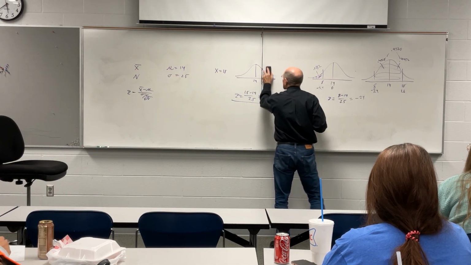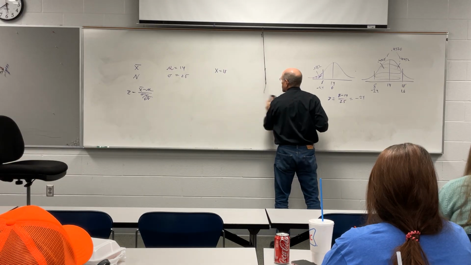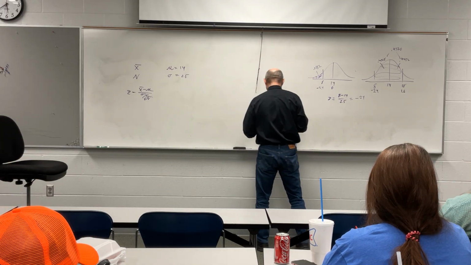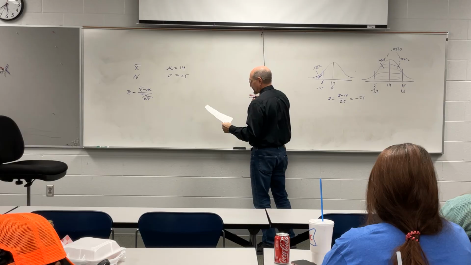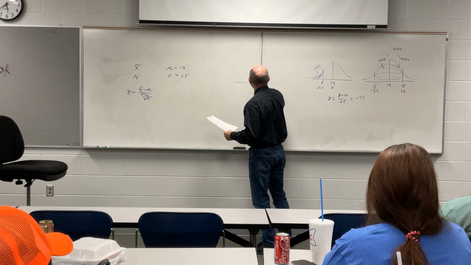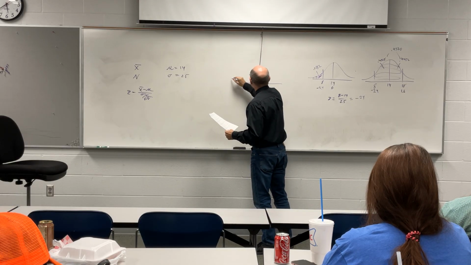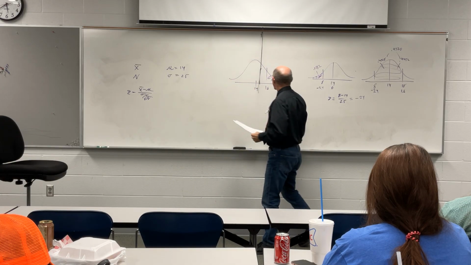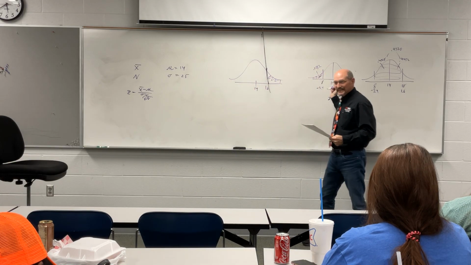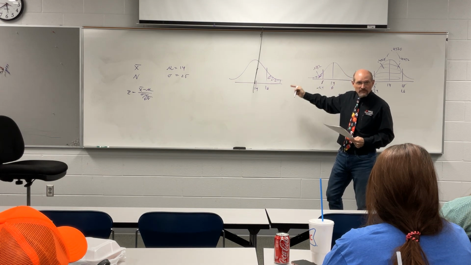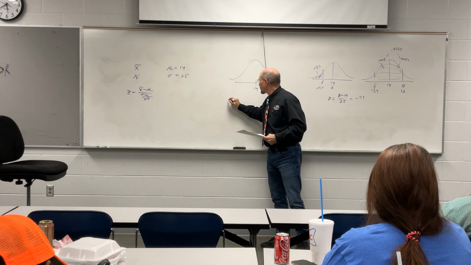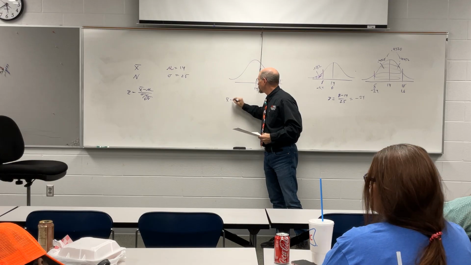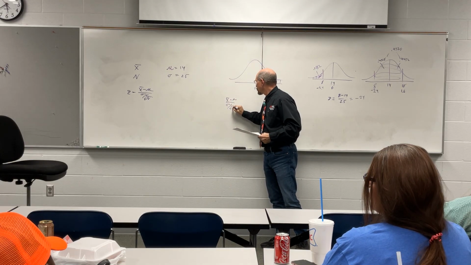So the first one, that question is what's the probability of 15 cells surviving 16 or more. So 14 is the population average, you want 16 or more. But now 16 is not a single score, 16 is an average for the sample, so the z is going to set up as x bar minus mu divided by standard deviation over the square root of n.